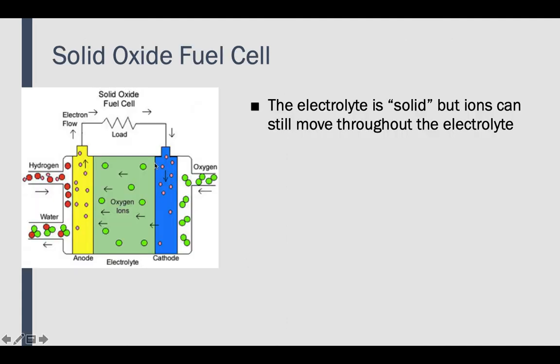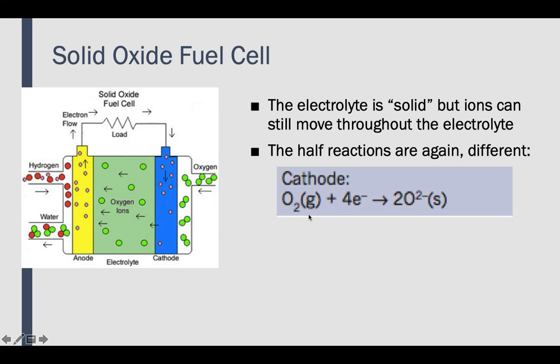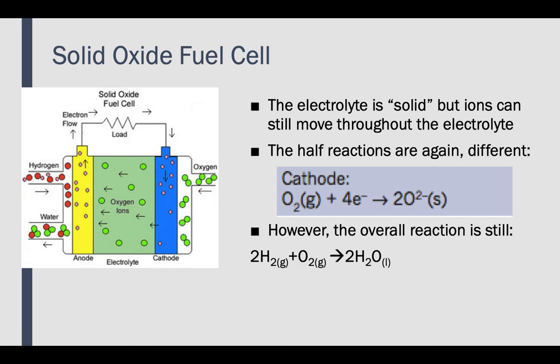What if the electrolyte, the medium, is a solid? Then the half equations are again different. At the cathode, oxygen will be reduced into oxide ions that can exist in a solid electrolyte. But again, we know the overall reaction is producing water.